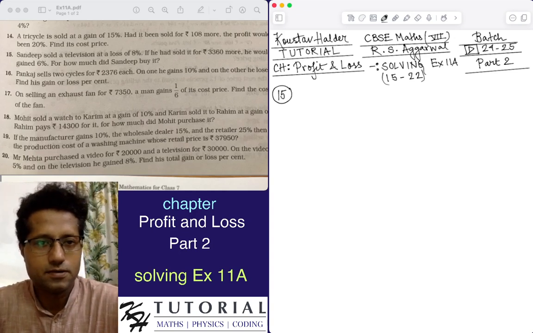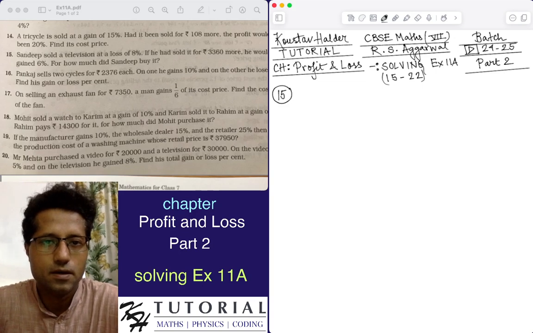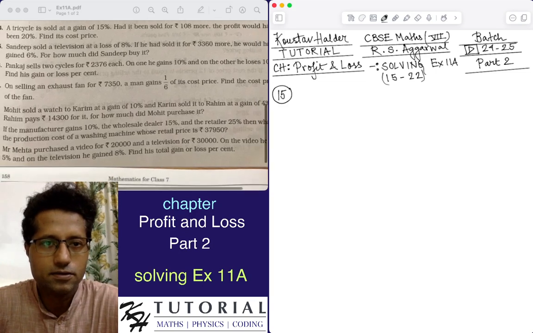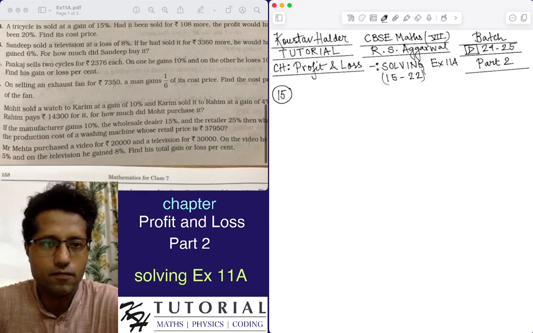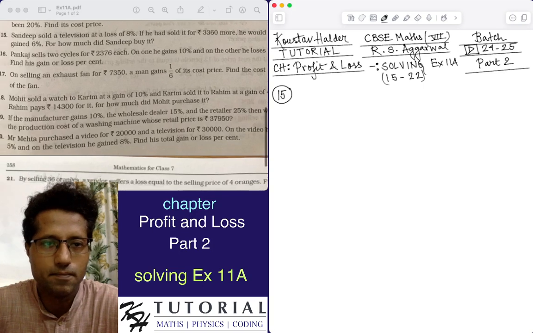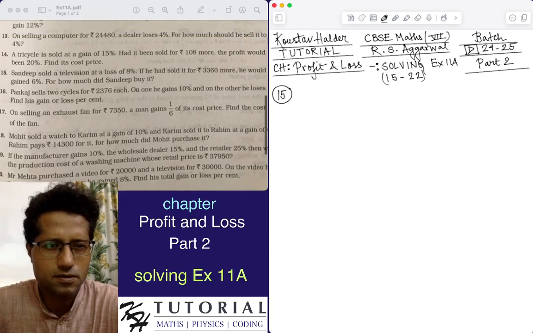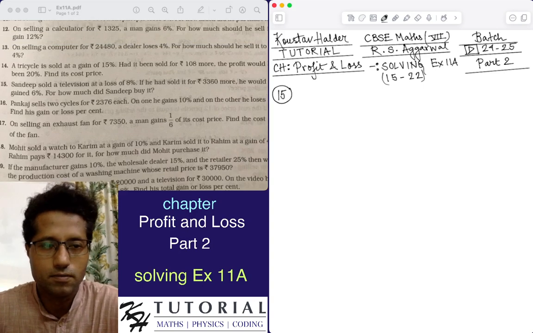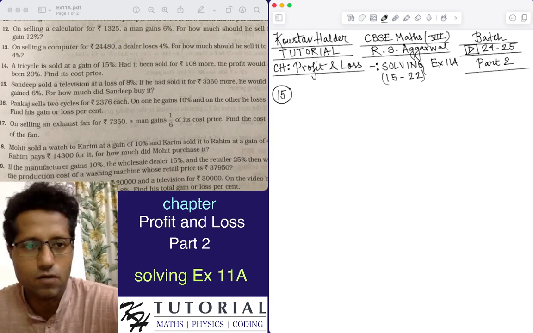Problem number 15 says that Sandeep sold a television at a loss of 8%. If he had sold it for rupees 336 more, he would have gained 6%. For how much did Sandeep buy it? Okay, this problem is very similar to problem number 14, which I solved in the previous video.